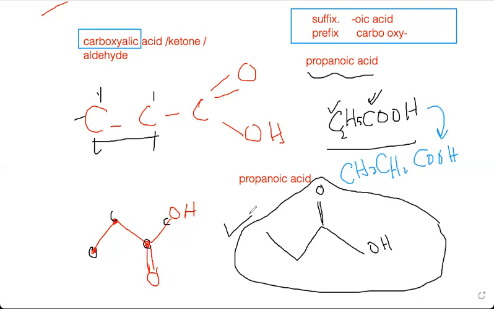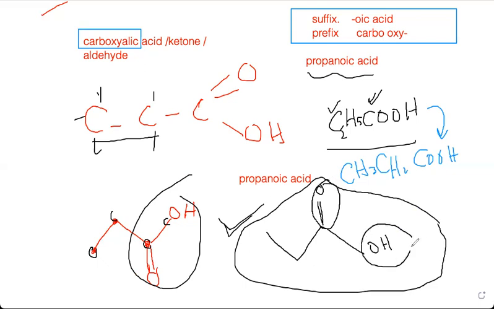Like in the previous case, it's totally up to you whether you use the suffix or the prefix. If you're writing the name of the carbon chain and it doesn't look good, you can use the prefix. Same goes here. The functional group is not clear, so I can draw it like this. Now you can see this carbon has a double bond with oxygen, and at this carbon we have OH. There is no carbon there because this bond is directly attached to the OH.